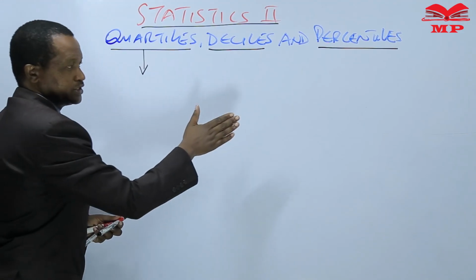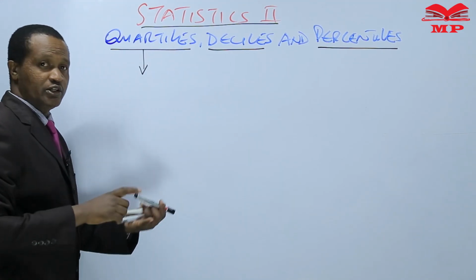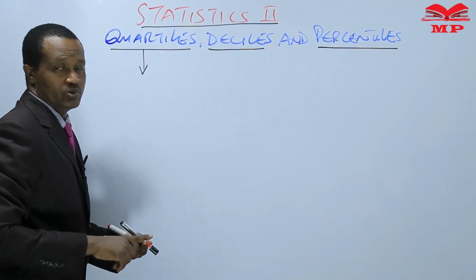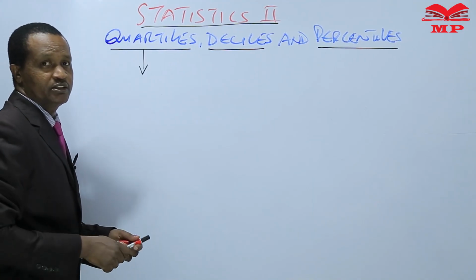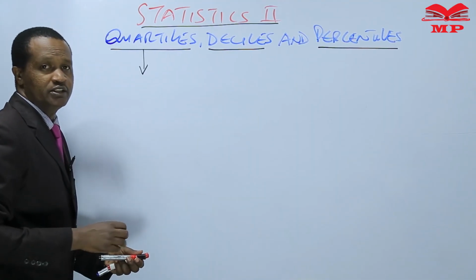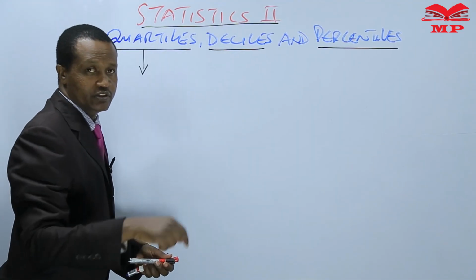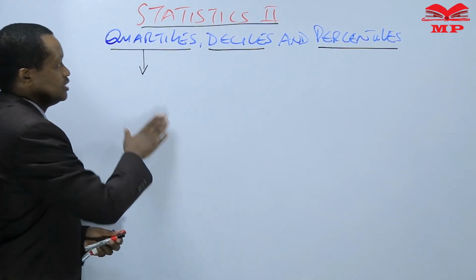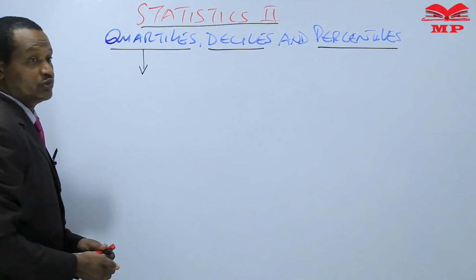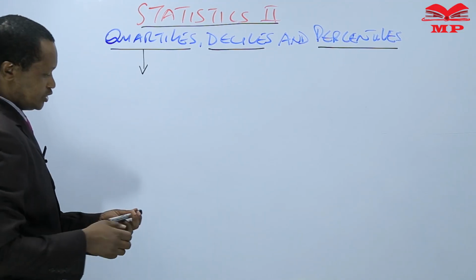We worked out examples on the board on how to calculate the first, second, and third quartile. Then I gave you an assignment, which you must have done. If you have not done the assignment, please stop this video, go and do the assignment, then come back and proceed with today's lesson, because it's a continuation from where we stopped.